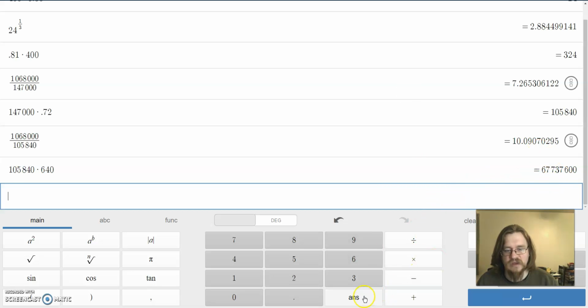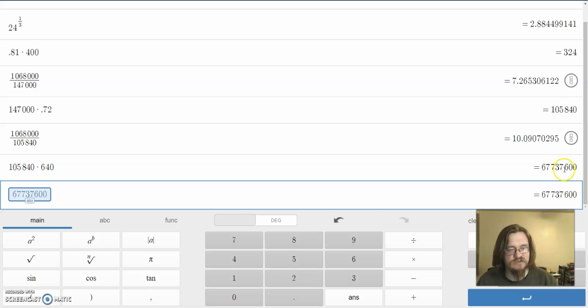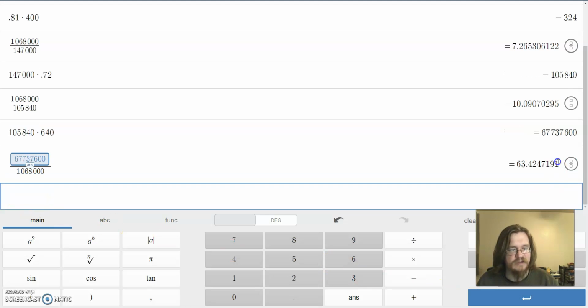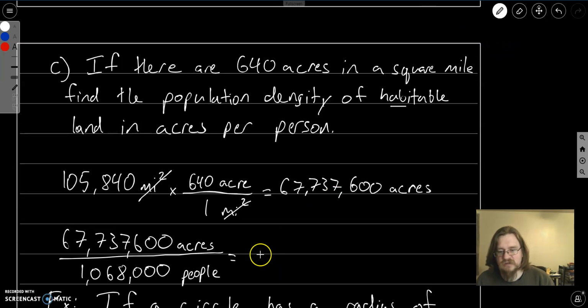Luckily what I can do is just hit answer because it was the previous answer. And I can divide that by the number of people, which is 1,068,000. If I hit enter, there are 63, and if I round it to the nearest hundredth, 63.42 acres per person.